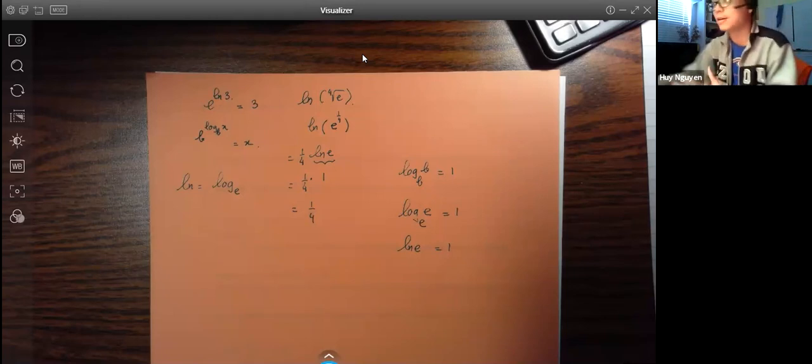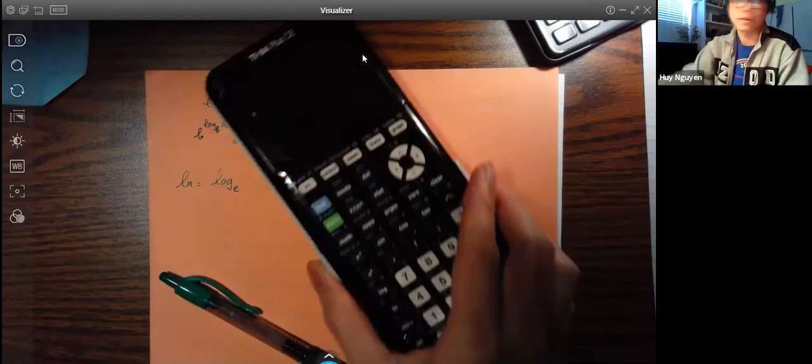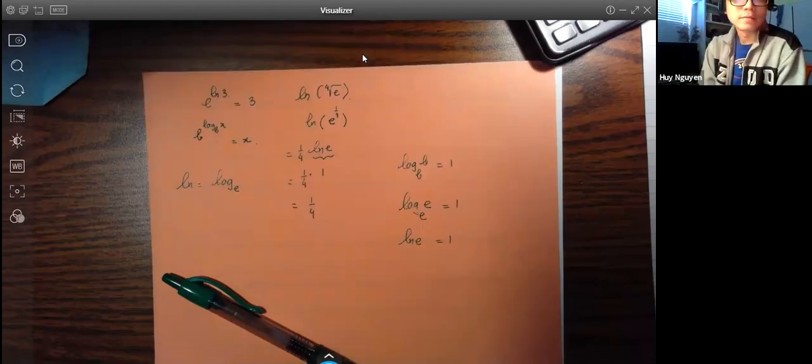You have a calculator like this, but you're not allowed to use it, so it's useless. So you have to memorize the properties. Usually it's about how many? I think 7 or 10, I think more than that. So you have to memorize the properties.